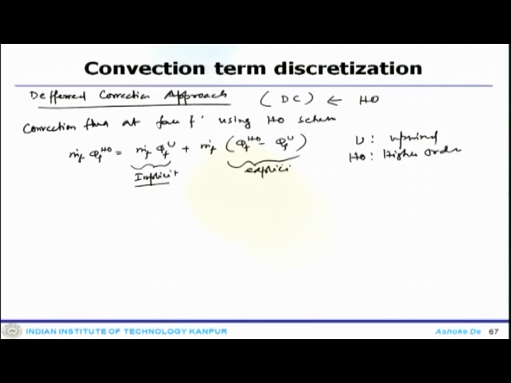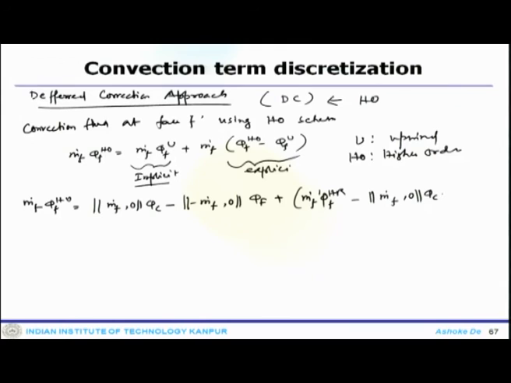And while doing that, one can express m dot f phi f HO as m dot f 0 phi c minus m dot f 0 phi f plus m dot f (phi f HO minus m dot f 0 phi c plus m dot f 0 phi f).